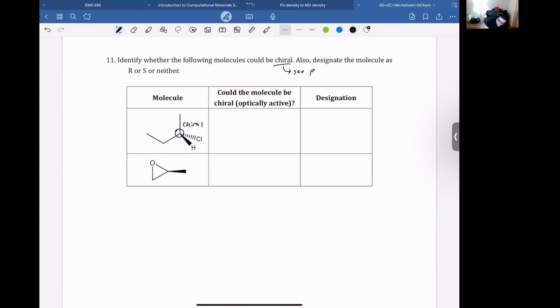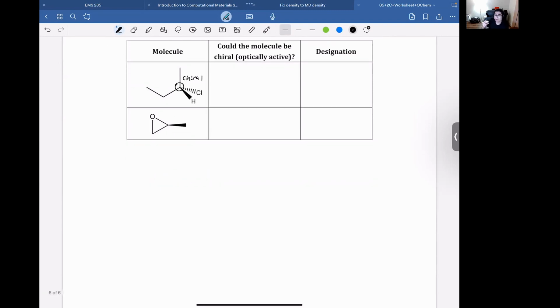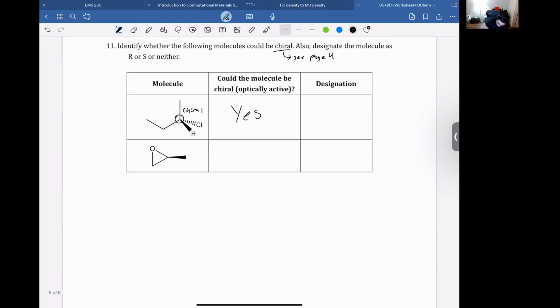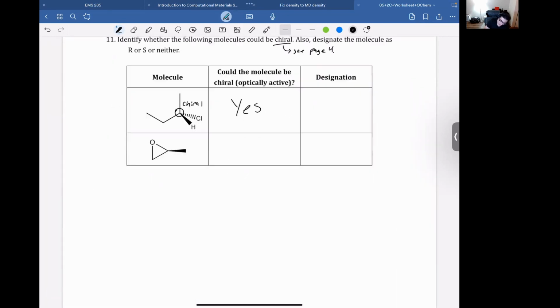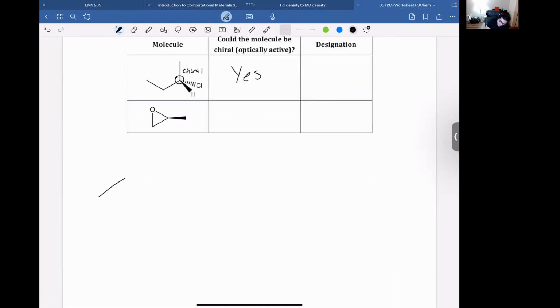Now what do you do? How do you do this? So this is a yes, but how do you do the designation, whether it's R or S? I'm going to go ahead and draw this out very explicitly.